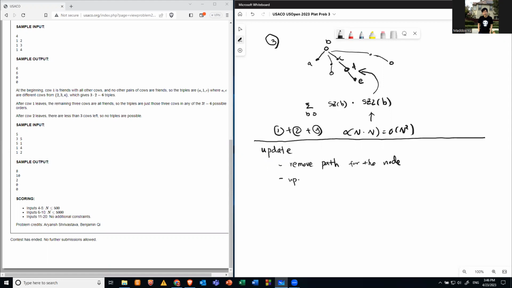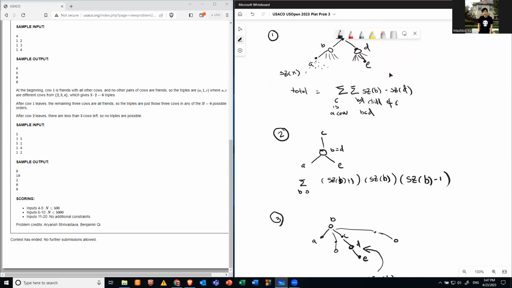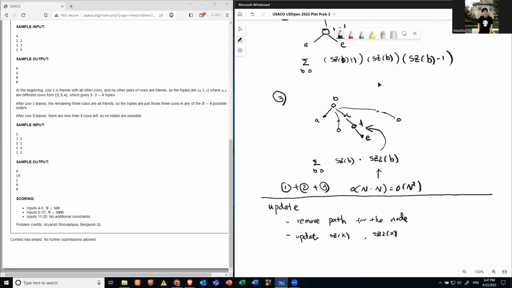You do that. Then you have to update size of x, that we know and you can easily update, right? Every time you remove 1. And then you have to update size 2 of x, right? So that you can do. But remember, sometimes you have to find the parents, right? So this one you have to find this parent, and this one you have to find the white one's parent.